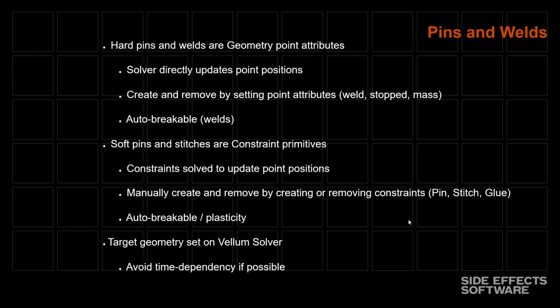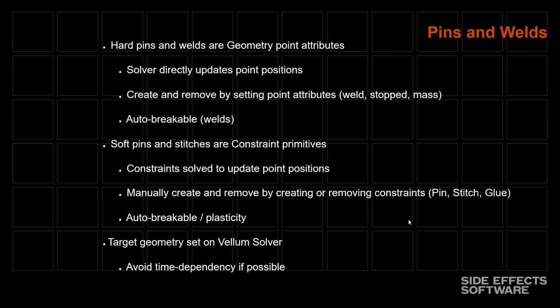And when the solver sees one of those, it is directly updating the point position. So it's not solving constraints to move these points around. It is updating their positions directly. So there's not any ambiguity about where the point is going to end up. It is a hard specification of where that point needs to be.